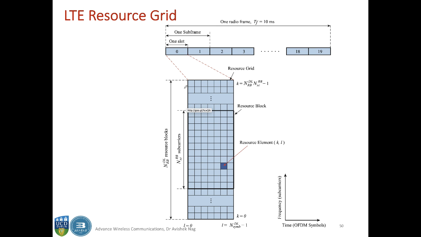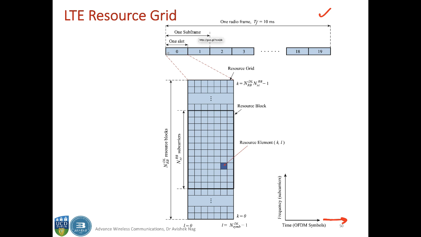If you look at the x direction, this x direction corresponds to time. These are exactly equal to one slot within a radio frame. So this is the radio frame of 10 milliseconds. Then you have these subframes, and each subframe has two slots.